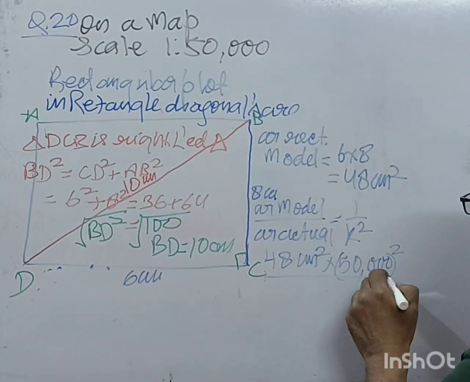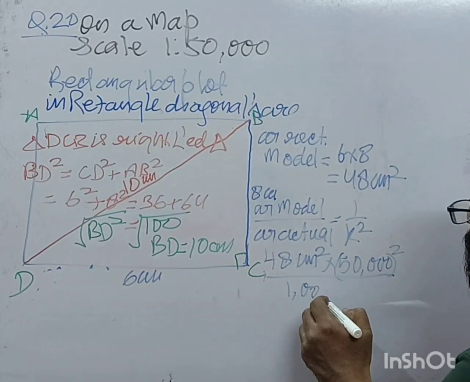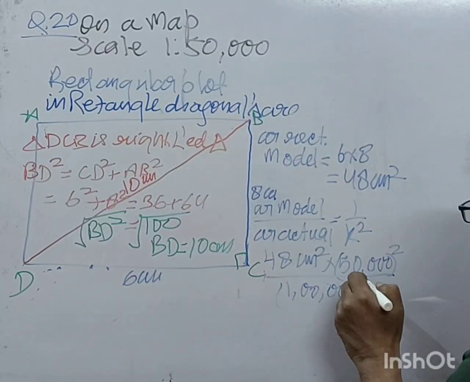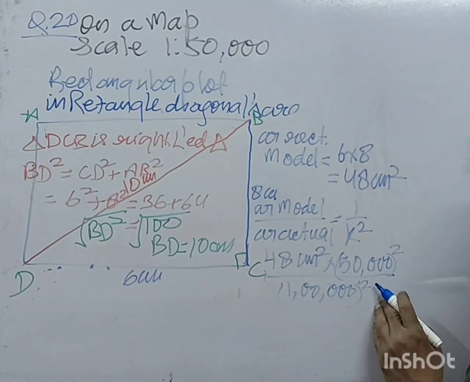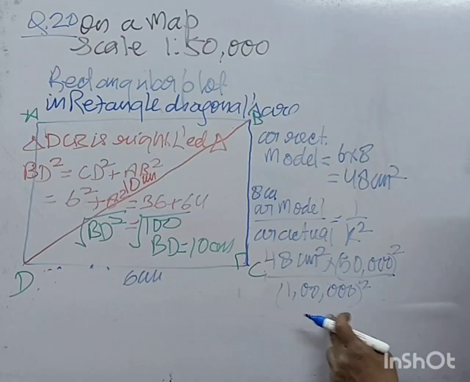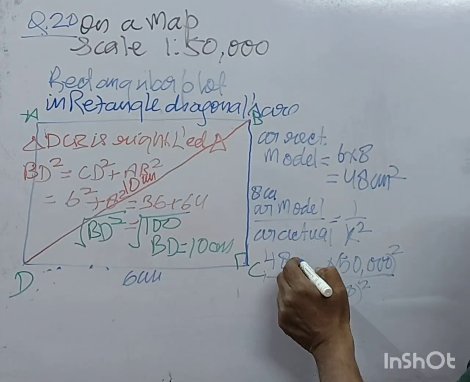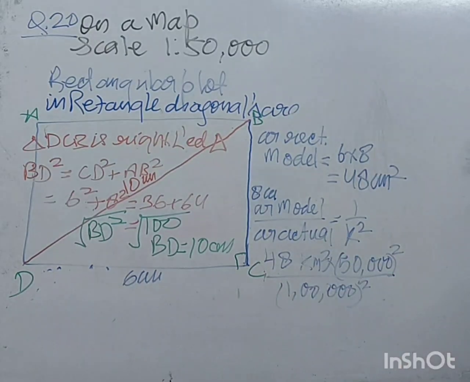upon 1 lakh whole square. When we write here 1 lakh, the centimeter turns to be kilometer square, right? Kilometer square. Getting my point?